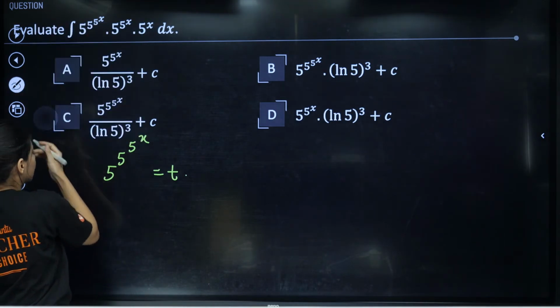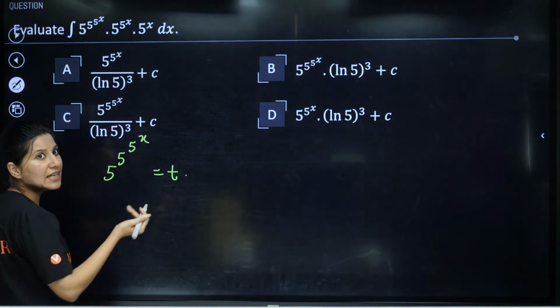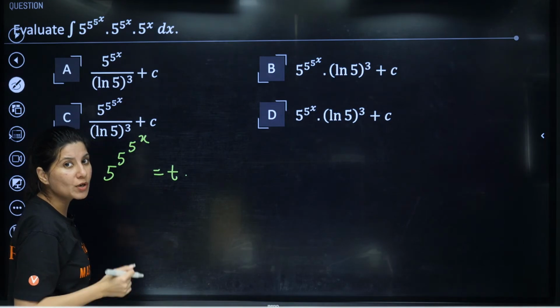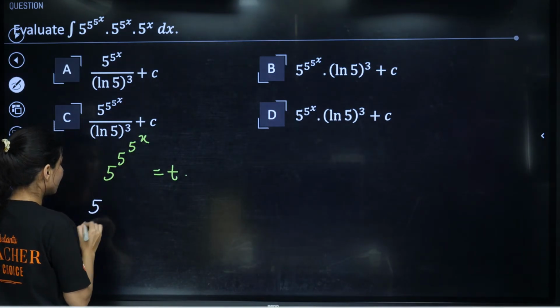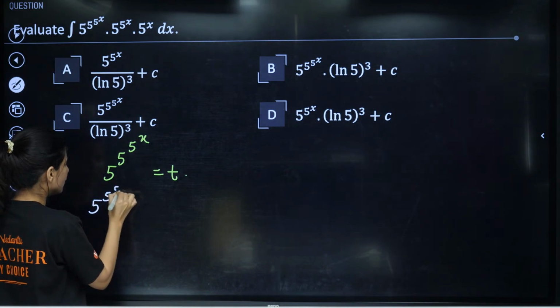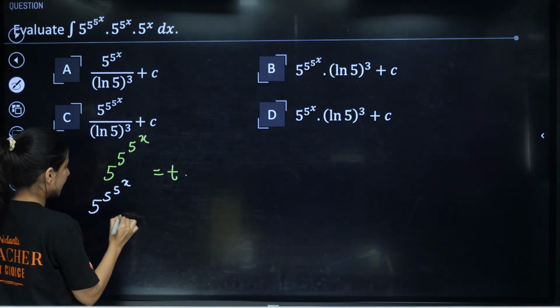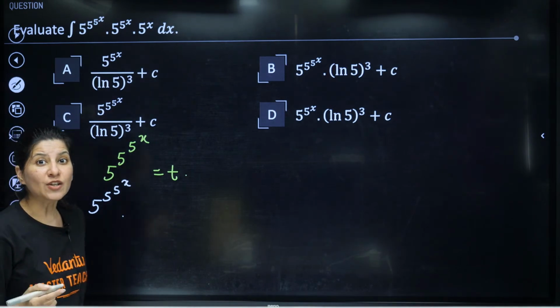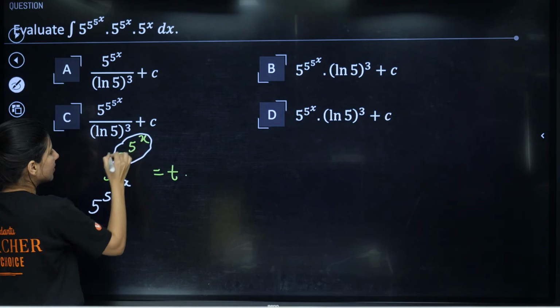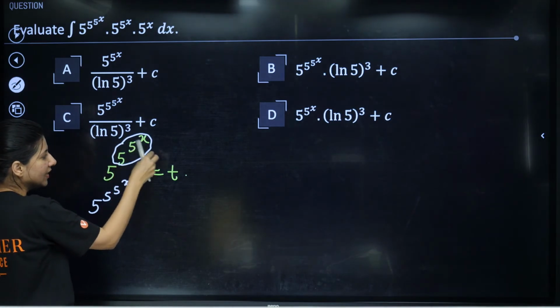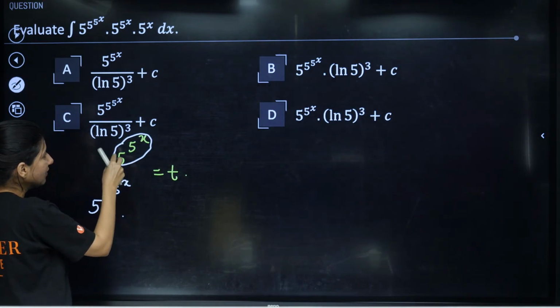Then understand. So derivative of a raised to power x is what? Derivative of a raised to power x is a raised to power x log a. Now, chain rule. This is a variable, 5 raised to power this variable is equal to t.